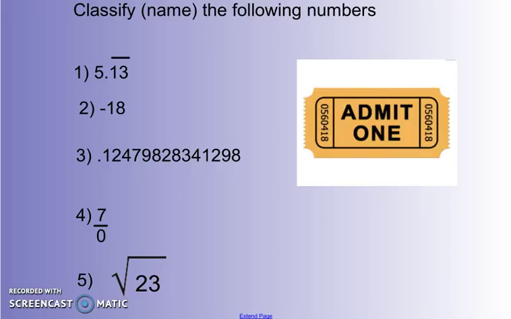And then if they are rational, I want you to classify them with additional names. Are they natural numbers, whole numbers, integers, fractions, decimals, percents, etc.? Because there are a lot of different names in that category of rational numbers. So come up with as many different names as you can when classifying these numbers.